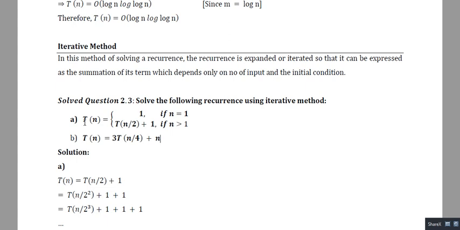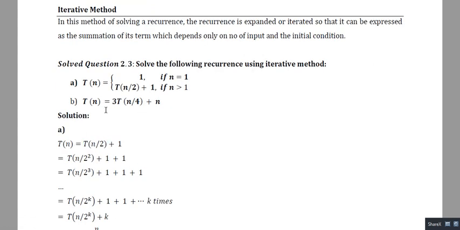So Tn is equal to T(n/2) plus 1, right? So now if Tn is equal to this, then T(n/2) will be what? T(n/2/2), meaning T(n/2^2) plus 1. So in place of this T(n/2), I can write this one. Right.